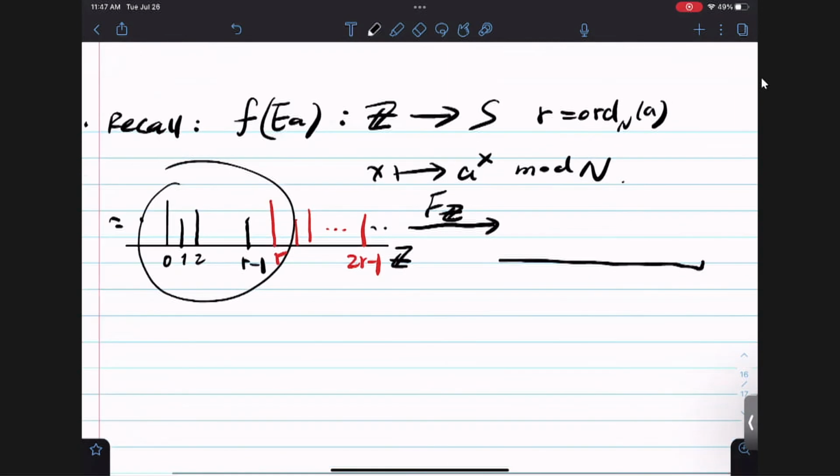It's going to be peaked at 0, 1 over R, 2 over R. So again, multiples of 1 over R, which is the dual group of RZ. Now suppose we can sample from here, we get a few multiples of 1 over R. From there, we can recover R, the order we are trying to find. So this is what quantum Fourier sampling helps us to do.